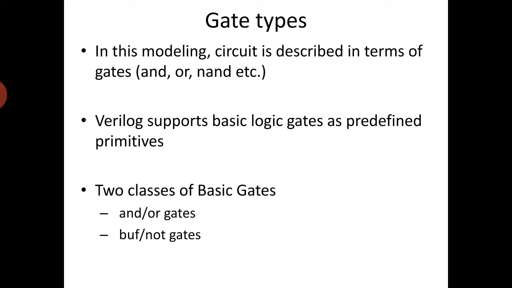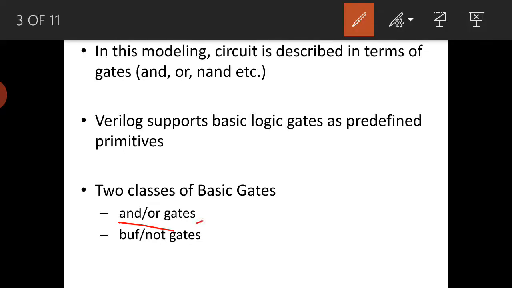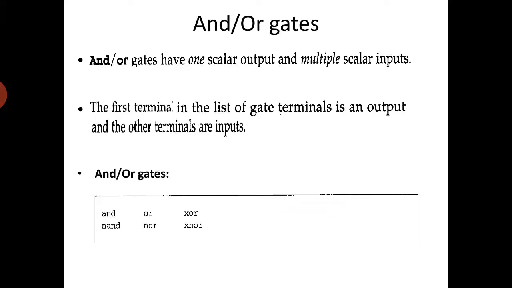The basic gates are classified into two types. One we call AND OR gates, and the other we call buff bar NOT gates. In the previous class we have seen the AND OR gates: AND, OR, XOR, NAND and XNOR.